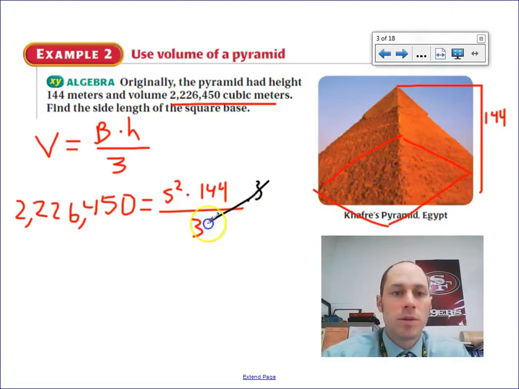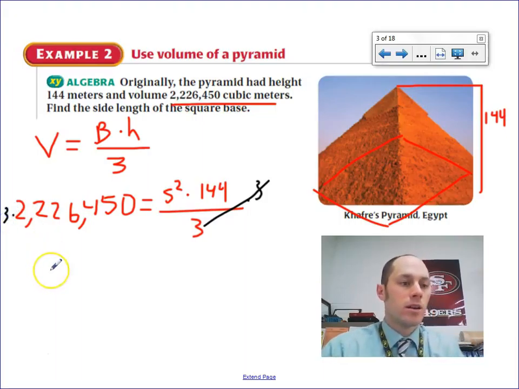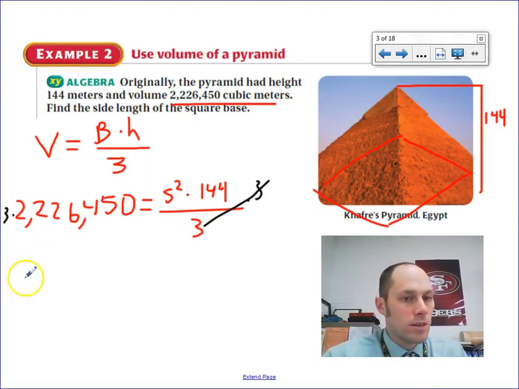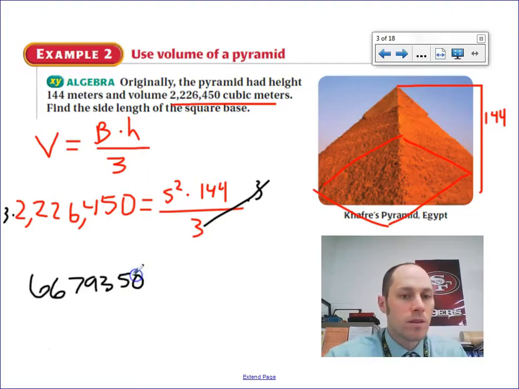So multiply both sides by 3. And now we're going to get a larger number, 6,679,350 equals side squared times 144.